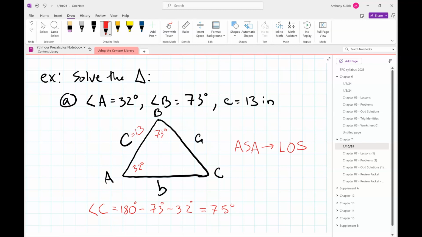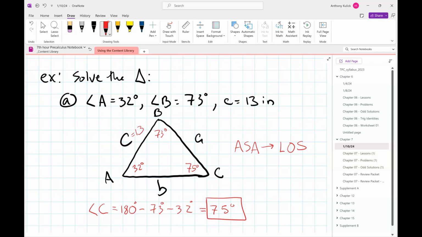So I'm going to add that into my picture now. If I can do that, I want to do that straight away. Whenever I'm given two angles, or as soon as I get two angles, I'm going to just find the third one using that same process, 180 minus the other two. Everybody's good with that? That's one answer.